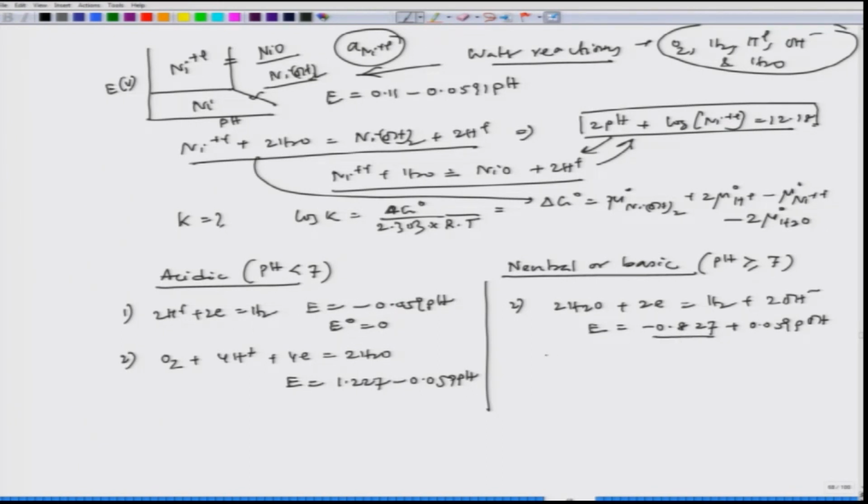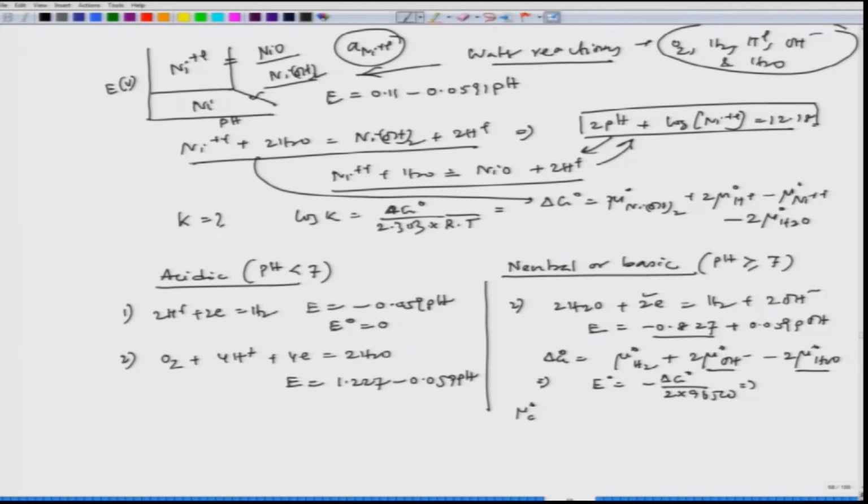If you do the calculation, delta G0 would be mu0 H2 plus 2 mu0 OH minus minus 2 mu0 H2O, and here 2 electrons are involved. So, E0 would be minus delta G0 by 2 into 96500. If you do that calculation, because already you know the values of these, you just go back to the earlier lectures and find out what the values are. So, let me iterate the same values once again.